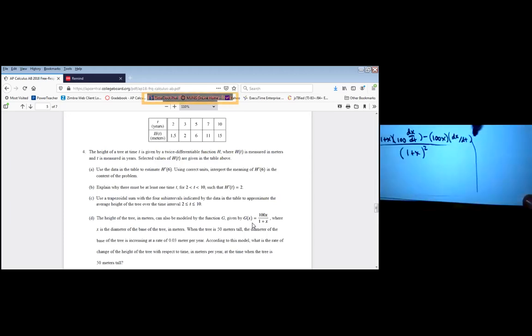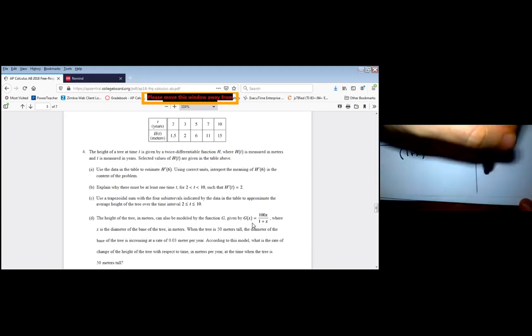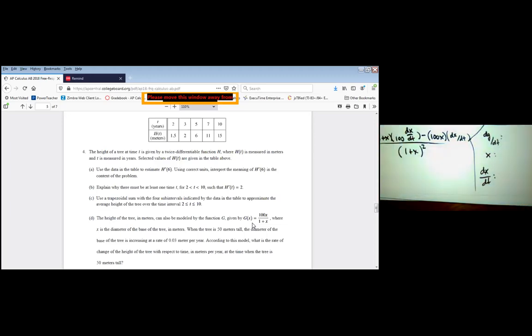Okay, now the next step in a related rate is to list our variables, and then we'll go hunt for what we know and what we need. So what do we have off to the side in our box? We have dg dt, we have x, we have dx dt. Now we need to figure out what they're asking for, so I go to the end of the question. According to the model, what is the rate of change of the height of the tree?